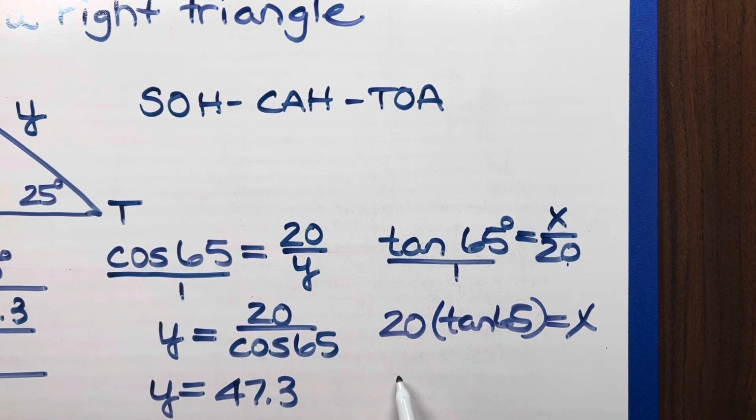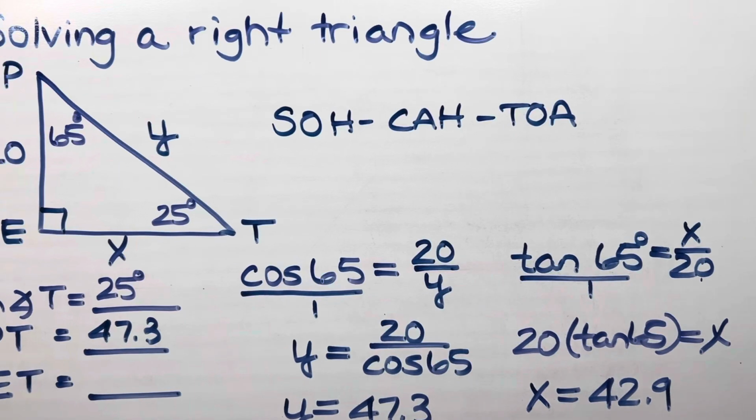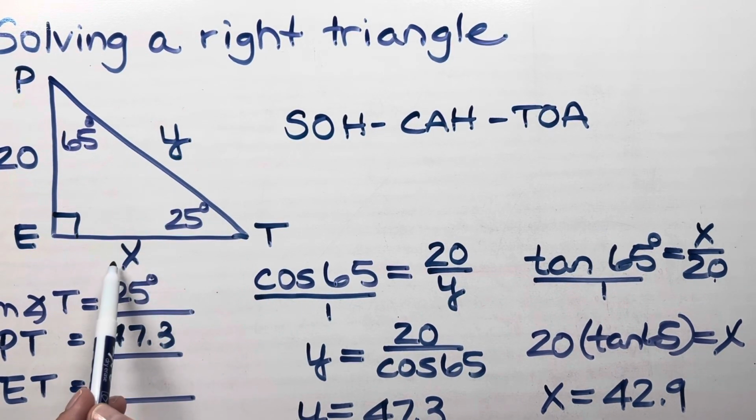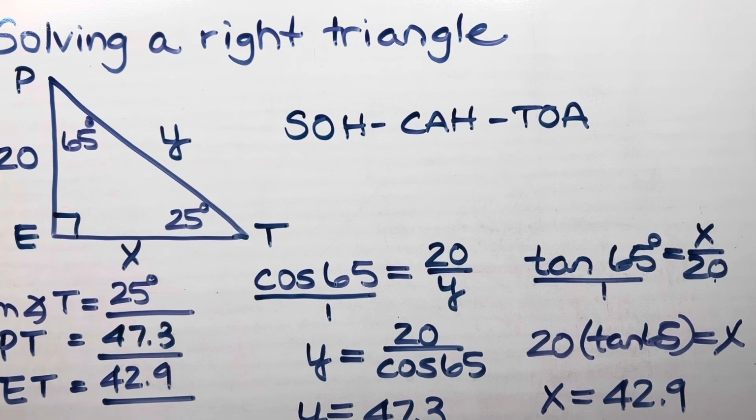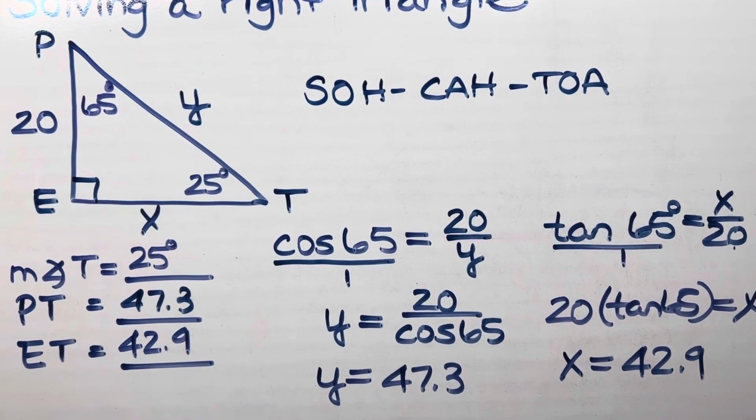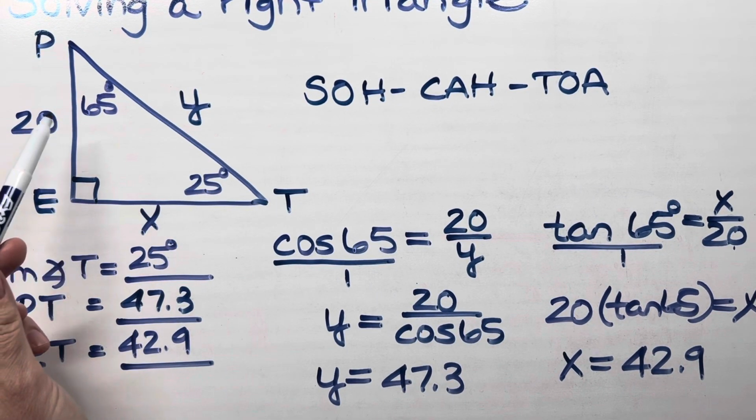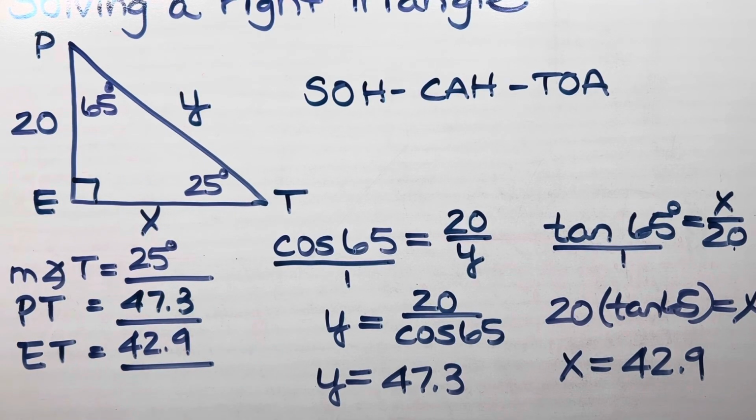And when I do that, I should get x is about 42.9. And that also is smaller than my other side for the hypotenuse, so I feel pretty confident that I did that correctly. And now I have all of the angles, all of the lengths of the sides of my right triangle, so I have solved my triangle using my trig functions.